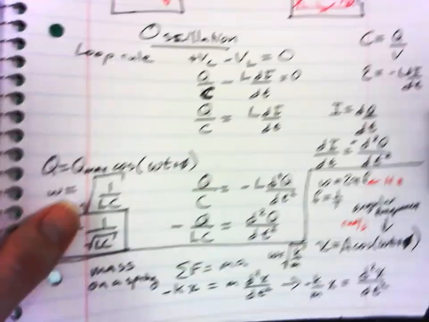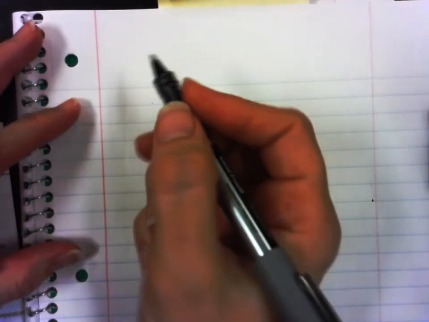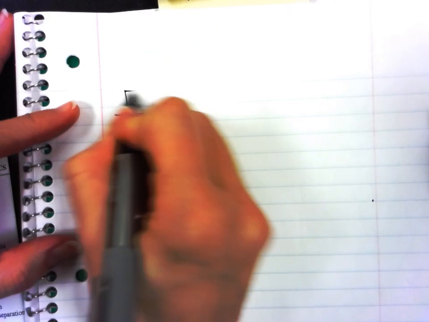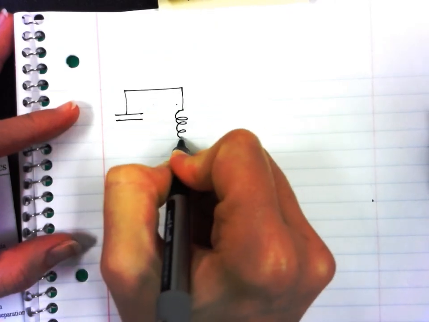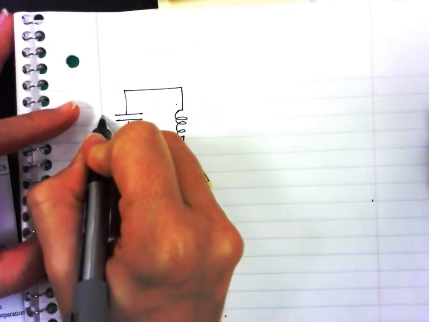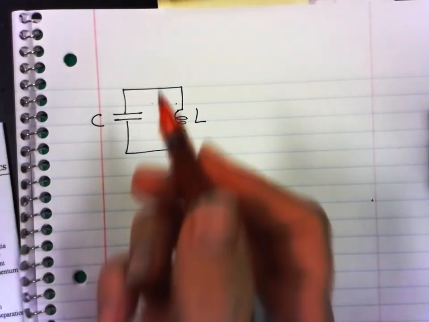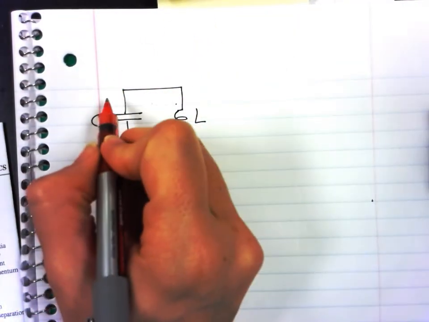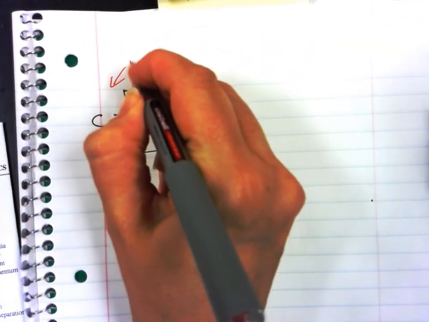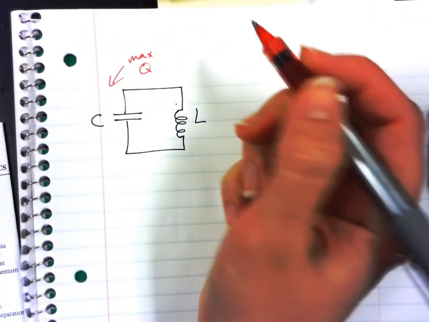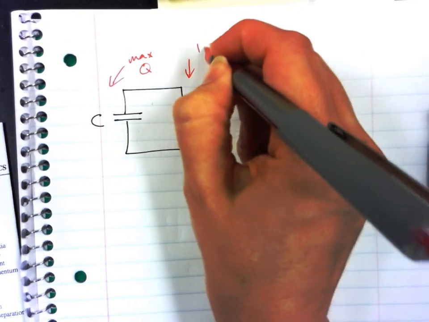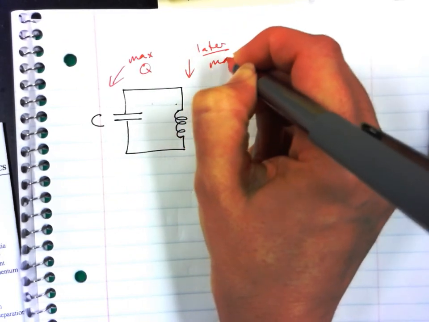Now something else I want to talk about, and again is similar. I'll just redraw the circuit here. So we have our capacitor and we have our inductor. At some point we have a maximum charge, and at a later point, we have a maximum current.